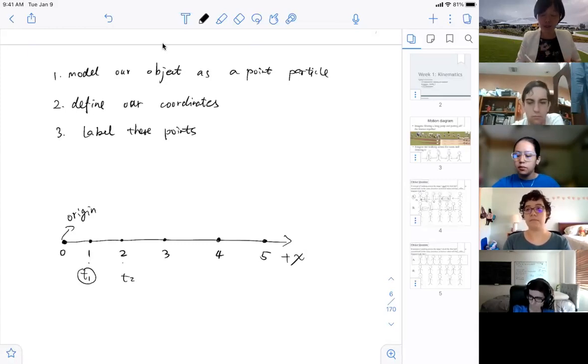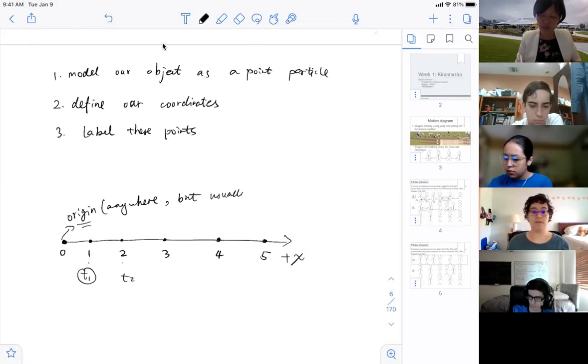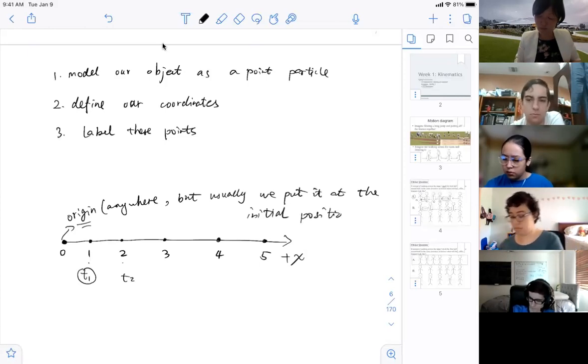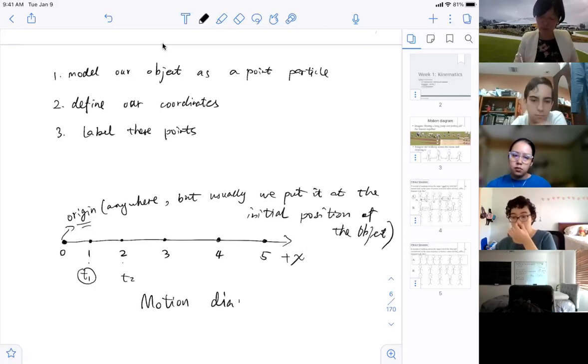You can put your origin anywhere, but usually it is more convenient at the initial position of the particle. Okay, so you can see this is simple enough. This is simply a motion diagram. I have finished the motion diagram of some object.